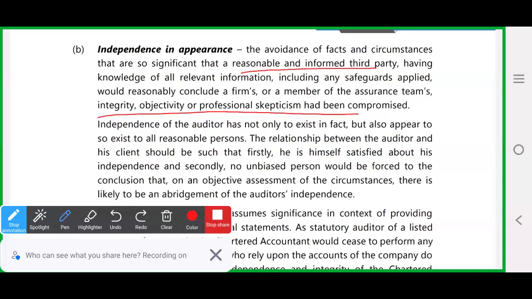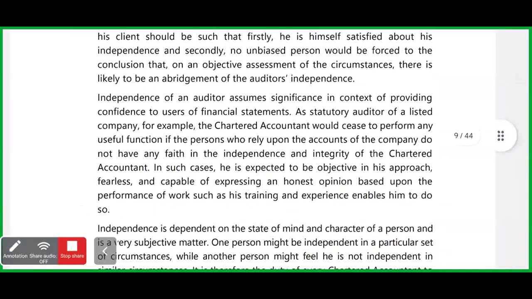So, independence of auditor does not only depend upon the fact to all reasonable persons, but the relationship between auditor and client should be, first of all, based upon independence, and no unbiased person would be forced to a conclusion that can cause an abridgment to the auditor's independence, that is, breaching or coming in between of this virtue of auditor's independence.